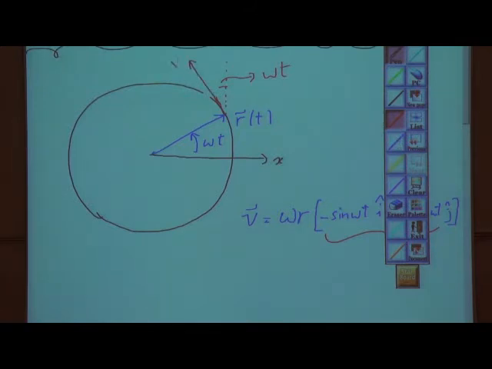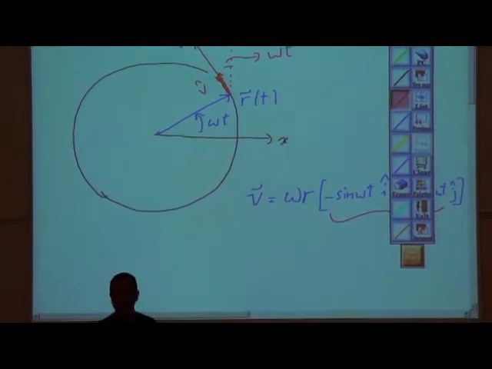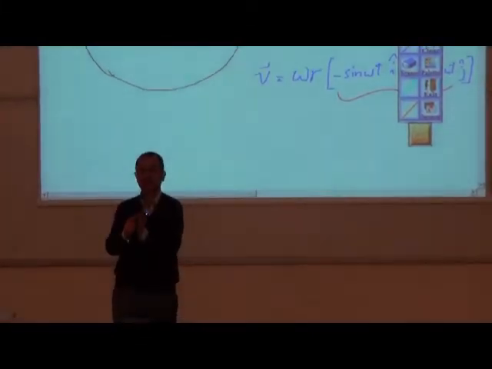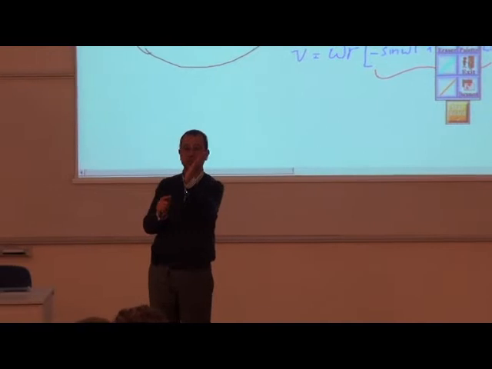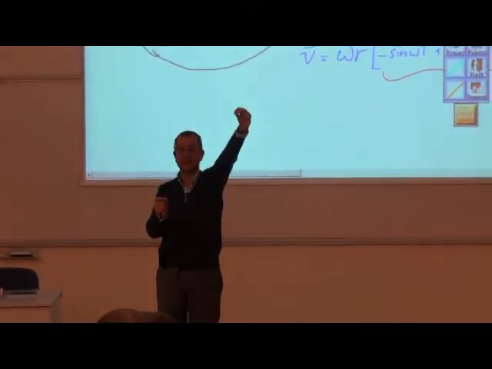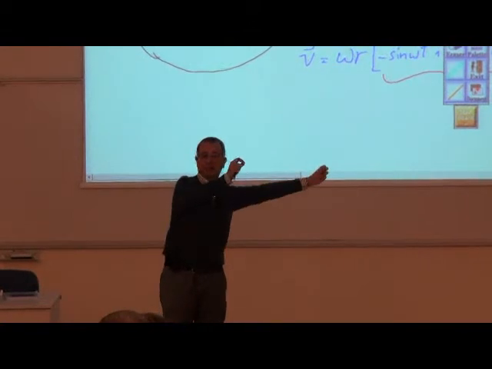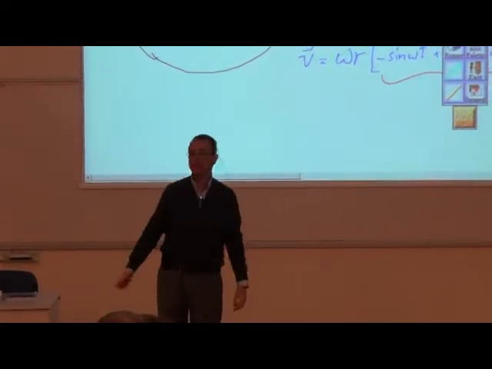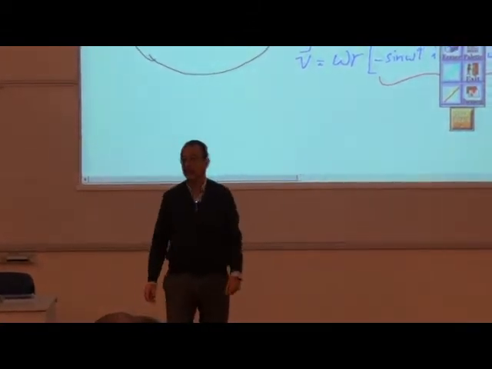Okay, so here is v, and here is the unit vector. This is v hat. Clear? v hat just says go in the tangential direction. And what is the speed? Omega r. That's the length of the vector. But the next moment, the vector becomes this. Okay? All right, now let's continue.